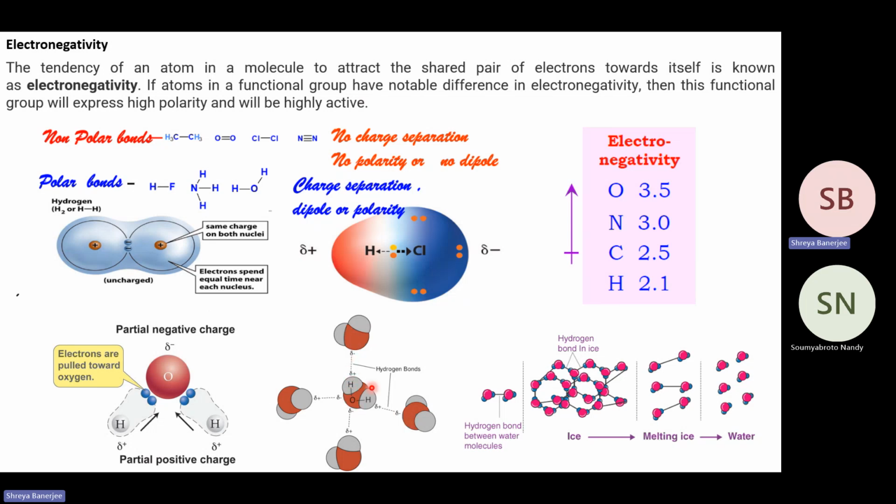These hydrogen bonds in water lead to a cluster structure which forms the ice, and when heat is provided to the ice in order to melt it, hydrogen bonds gradually break till eventually all the hydrogen bonds break and the water forms a gaseous state. So it is due to this difference in electronegativity that hydrogen bonds form. And we will later see in this class how the hydrogen bonds lead to formation of tertiary and secondary structure in proteins.